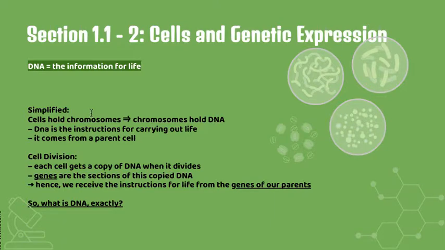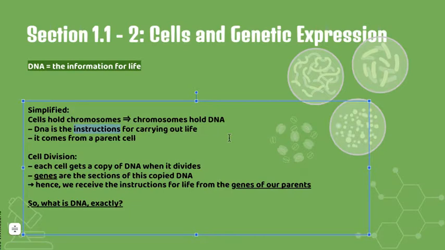So let's look closer at cells, and let's emphasize the chromosomes within cells. Let's call chromosomes for now the parts that hold DNA within. So then our next question is, within these cells that have chromosomes, and the chromosomes that hold DNA, what is DNA? Keeping it simple, we might call DNA the information of life. Or more specifically, we might call it the instructions for carrying out life.